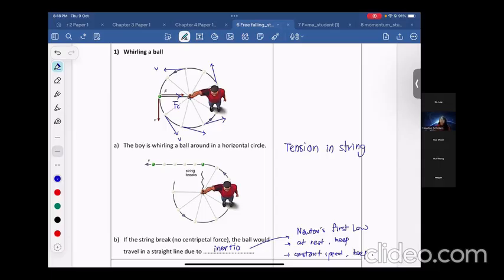So for example, boys and girls, imagine you sit inside a car. Suddenly we are driving the car, and suddenly there is an emergency brake. What happened to your body? Your body will move forward. Am I right?